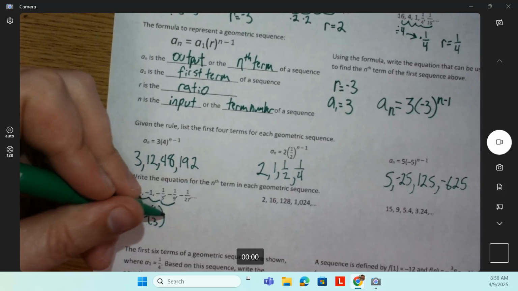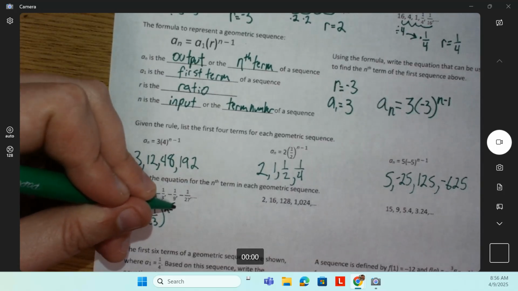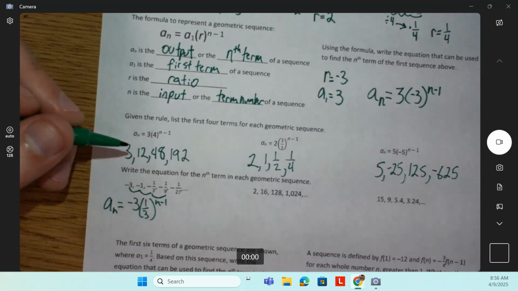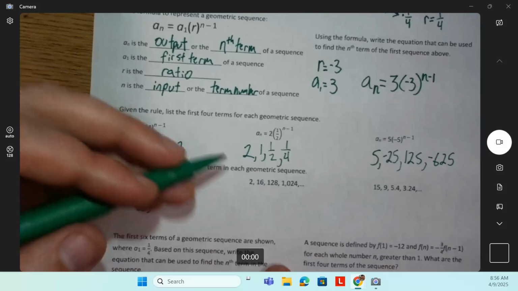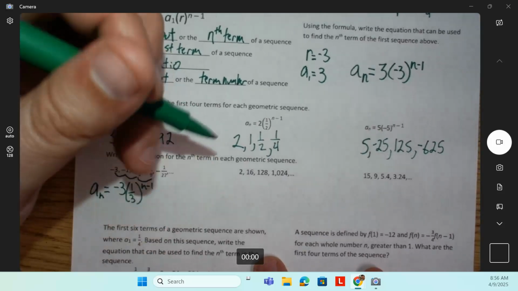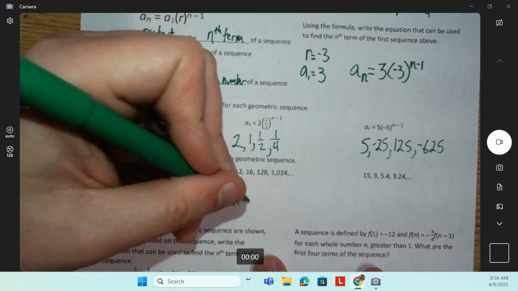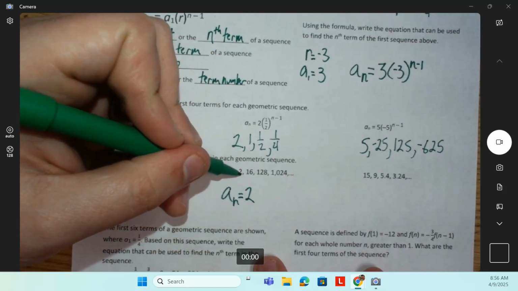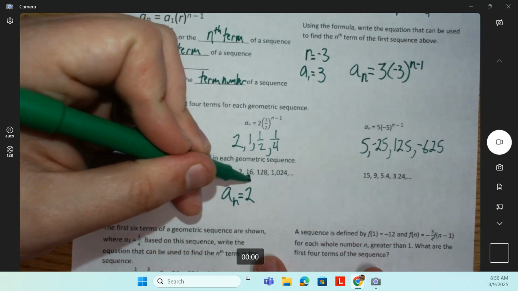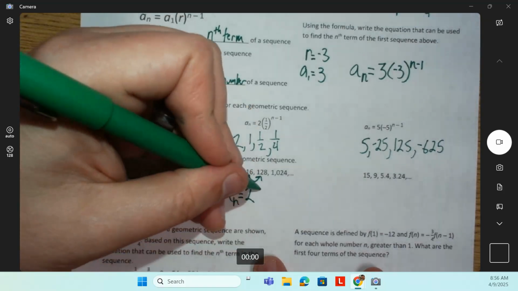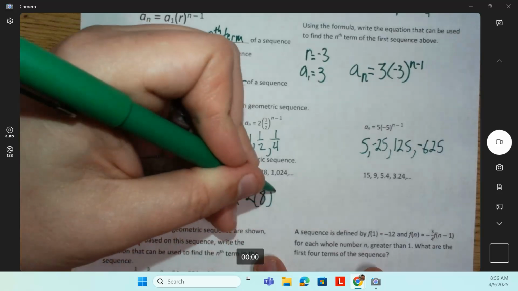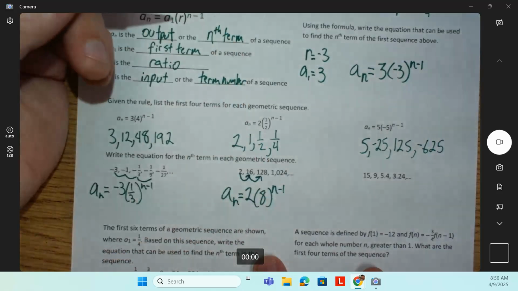And instead of an x up top, we'll put n minus 1. And so that's a formula to tell me what happens each time. So same thing, a_n equals 2. And 2 times 8 is 16. So I'm multiplying by 8. So 8 to the n minus 1 power.